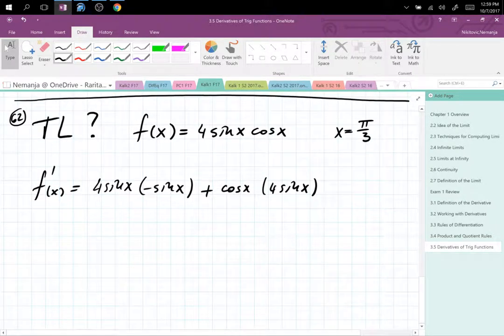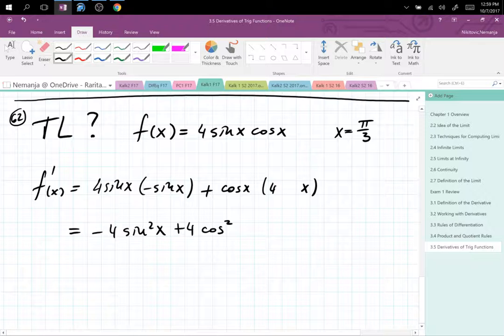We all have the same derivative. Now you could be fancy and factor out -4, and that would make it cosine squared minus sine squared.